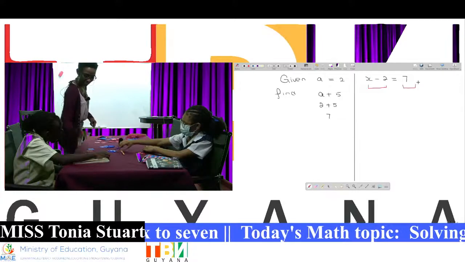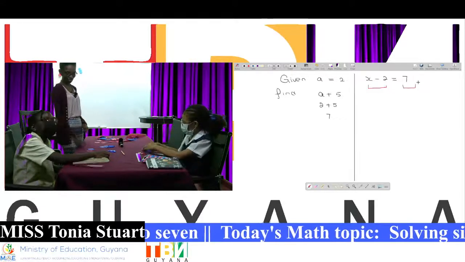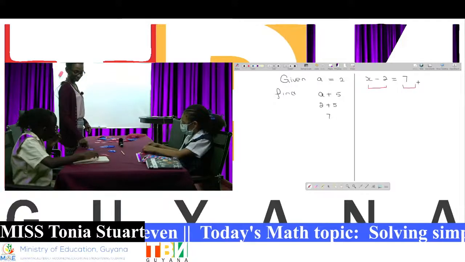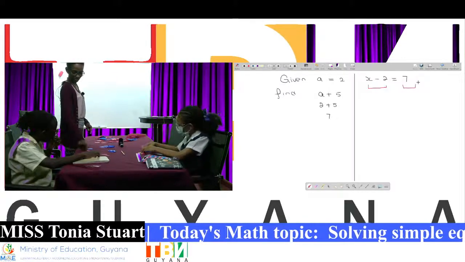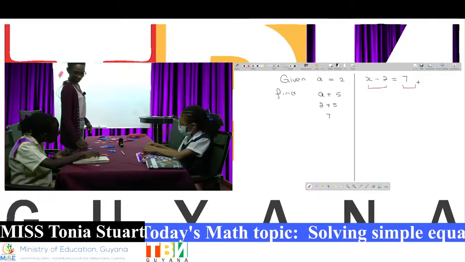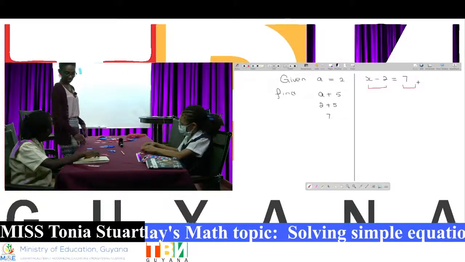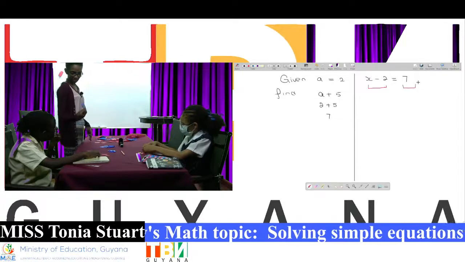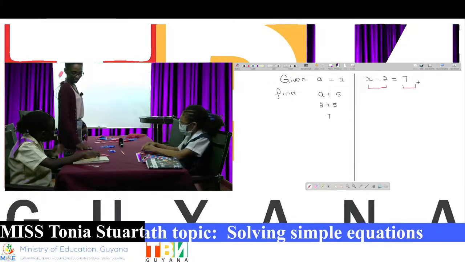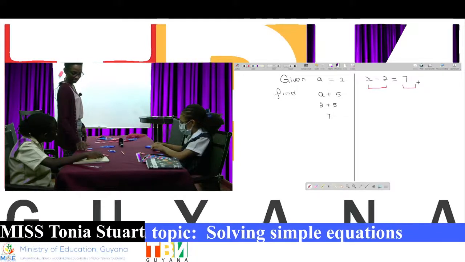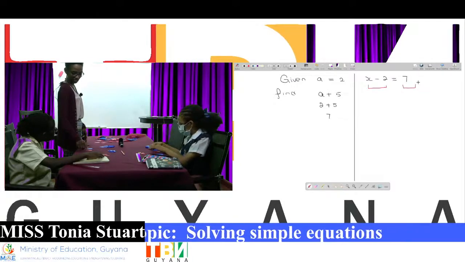All right. So we have x. So this is x. And we taken 2. All right. So the objective is to have the x on the left hand side, right? On this one side. So in order to have the x on the left hand side here, I'm already taking these 2 tiles away.